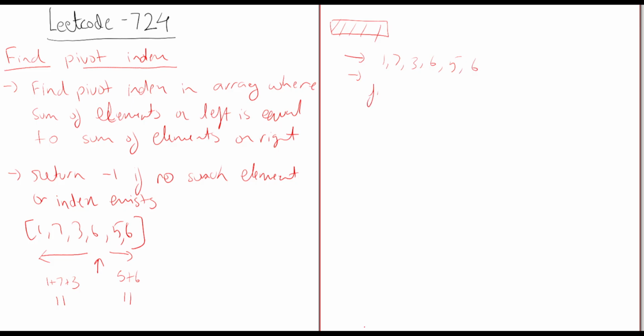brute force solution कैसे निकलेगा? We will have first loop where we have int i is equal to 0, i is less than n, i plus plus, and inside we will have another loop जो सेम चीज़ चेक करेगा, for int j is equal to 0, j is less than i, j plus plus, sum left plus equal to array j, right?